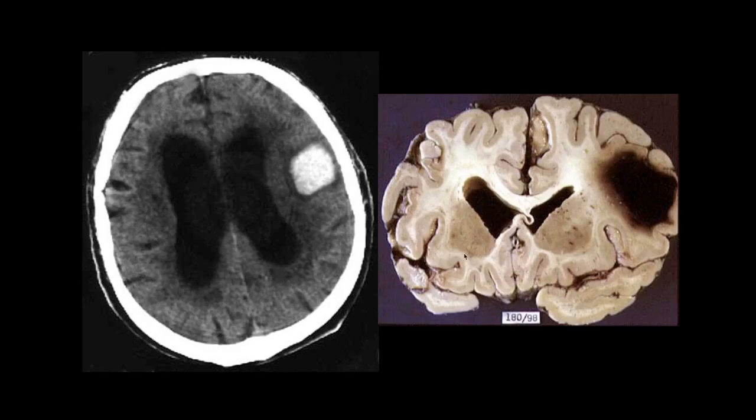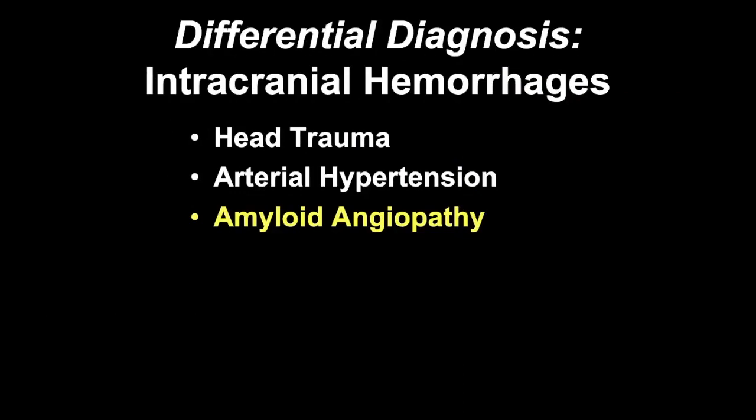Unfortunately, this patient passed away, and you can see on the autopsy specimen that in addition to that large area of intraparenchymal hemorrhage, you also have multiple parenchymal microbleeds distributed throughout the brain tissue. And this scenario, an older patient, a lot of white matter disease, a lobar hemorrhage, perhaps some additional microbleeds, should raise the concern about amyloid angiopathy.